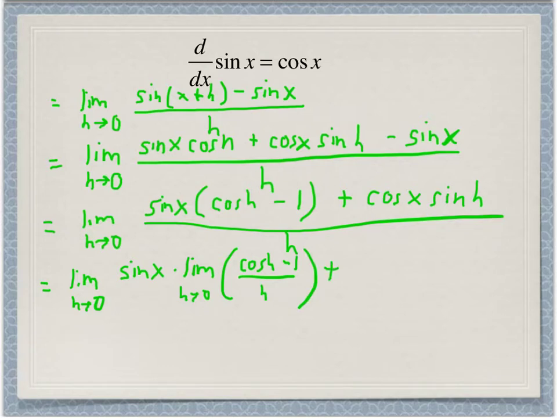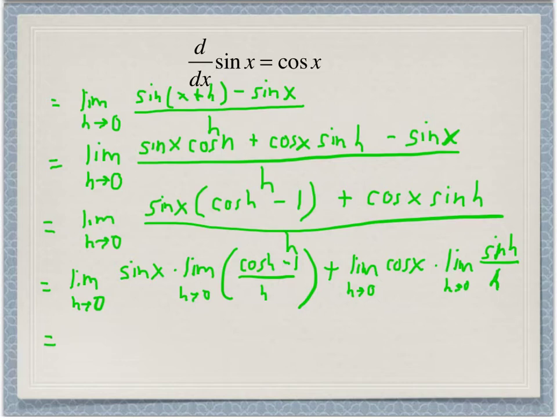Okay, plus, because I have a plus sign here, the limit, all of these are as h approaches 0, of the cosine of x, times the limit, again as h approaches 0, of the sine of h over h. Again, we're splitting this into basically two fractions, so this would be one fraction, this would be another fraction, and I can have just h under one of those through some algebraic means. We can talk about this in class a little bit more if we need to. Alright, let's just finish this out and see what we get.